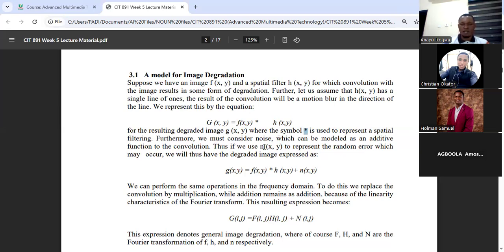We cannot ignore the noise, which can be modeled as an additive function to the convolution.